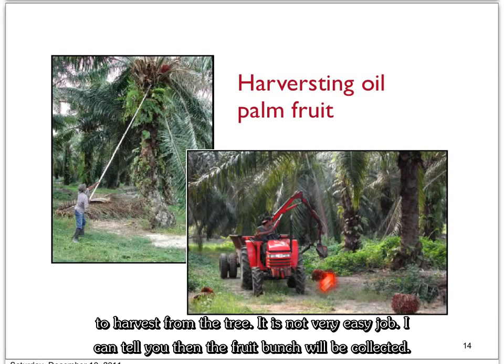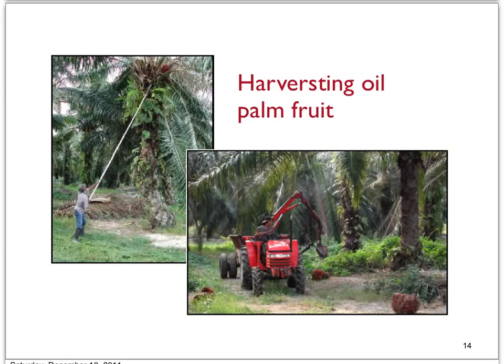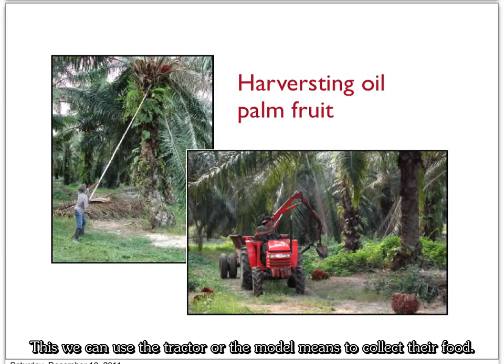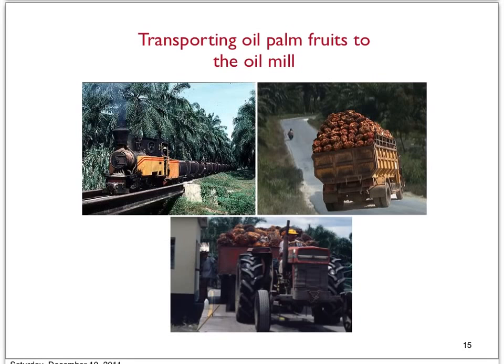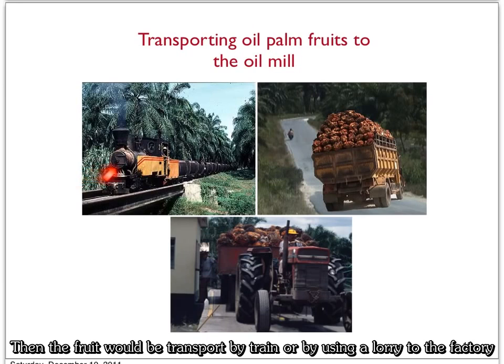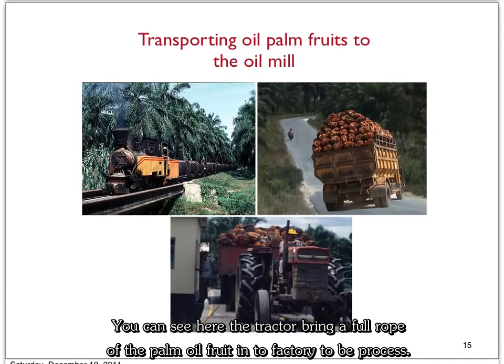Then the fruit bunch will be collected. These days we can use a tractor or other modern means to collect the fruit. Then the fruit will be transported by train or by lorry to the factory. As you can see here, the tractor brings a full load of oil palm fruits into the factory to be processed.